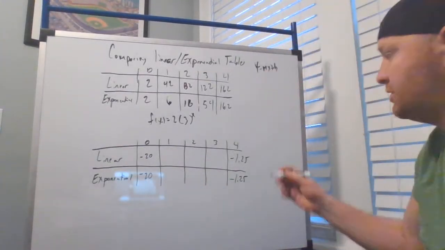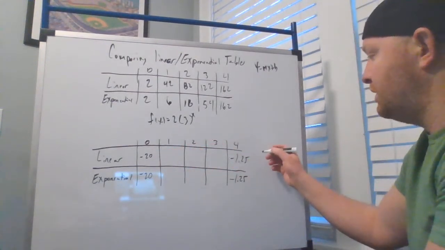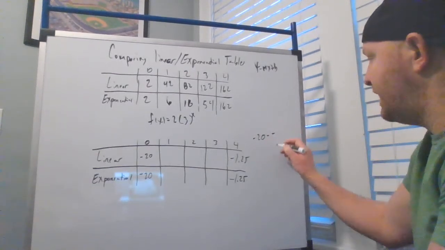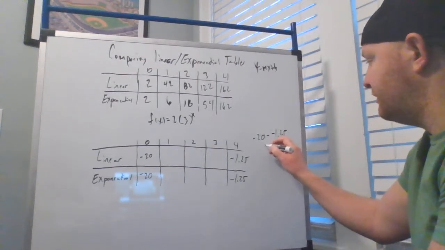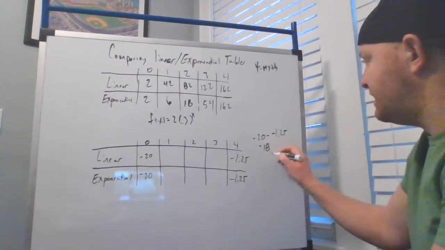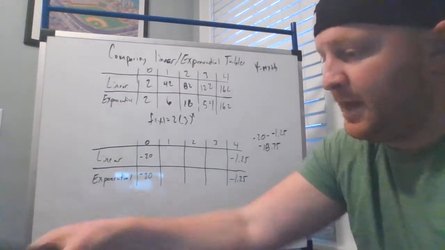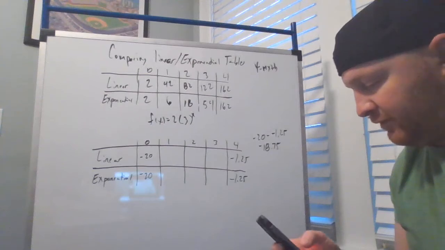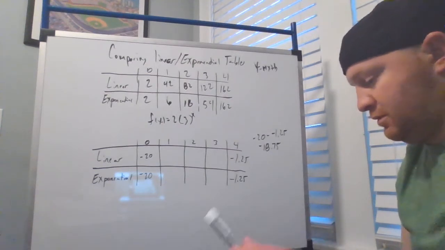So first things first, we're going to find the difference of negative 20 and negative 1.25. So I just do negative 20 minus negative 1.25. And I get an answer of negative 18.75. Now, I got to do negative 18.75 divided by 4.